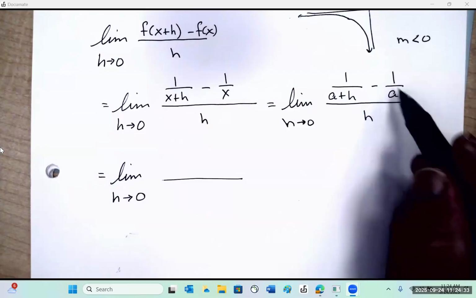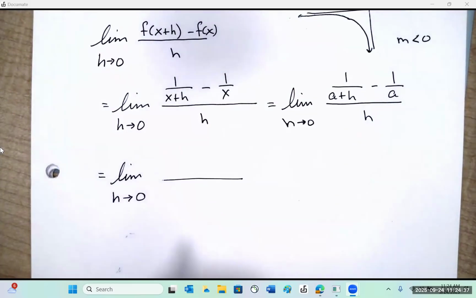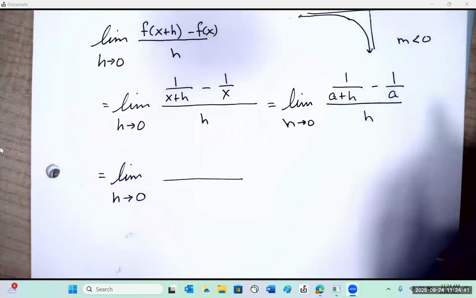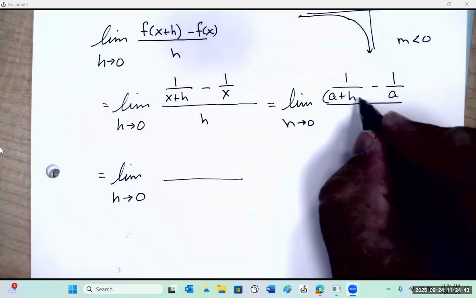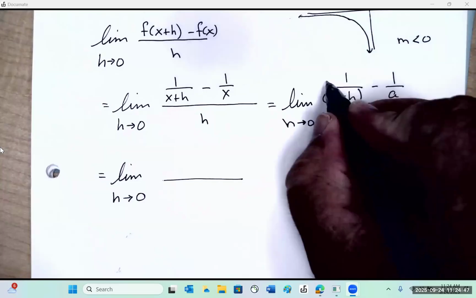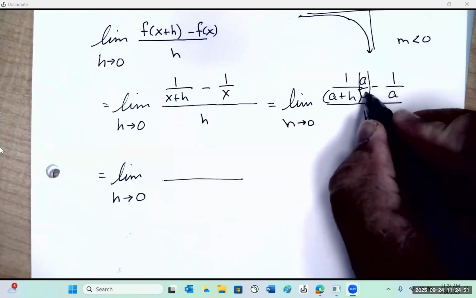Now we go ahead and simplify this equation. On top, we can combine the two terms. This first term needs an a over a.